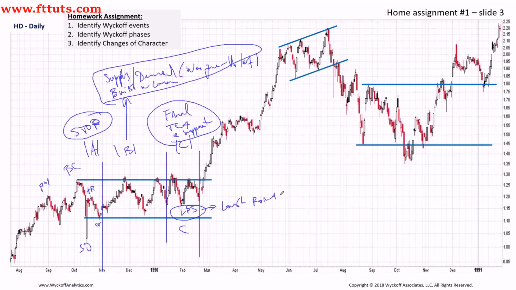Yeah, the last point of support, just because we are in the reaccumulation. Okay, so give me the timestamp for phase D. Phase D would be just beyond the second line you've drawn to mark the phase C. That's just after the beginning of the markup.